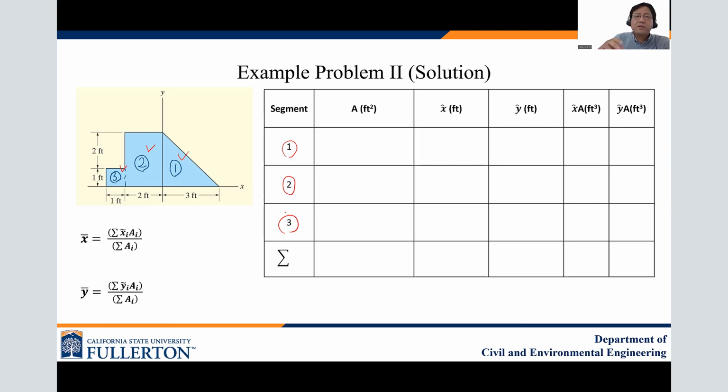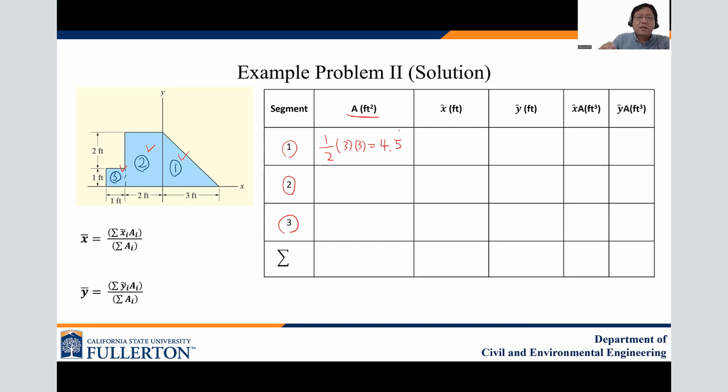And then just find the area of each segment. Segment 1 is very simple. What is it? 1/2, because this is a triangle, times 3 times 3, so there's a 4.5, right?